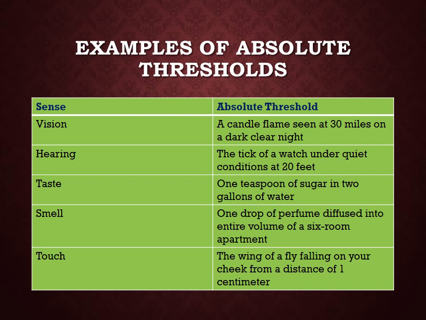If someone has a low threshold for pain, they need a very little amount of pain before they detect it. So when we're talking about things like vision thresholds, if someone has a high threshold for seeing light, they need a large amount of light to detect it, versus a person who has a small threshold who might need just a little bit of light to detect it. Same thing with sound, taste, smell, etc.